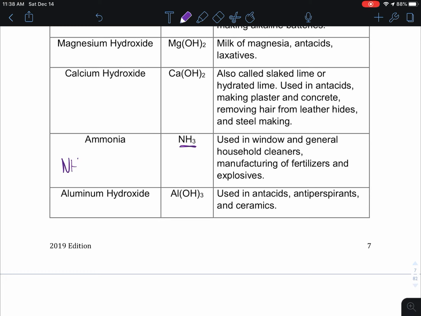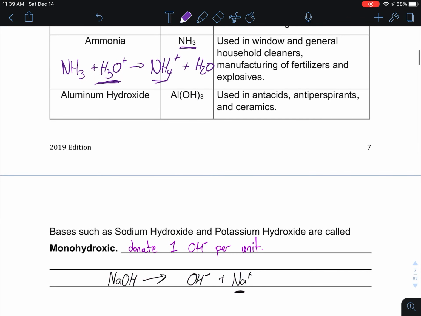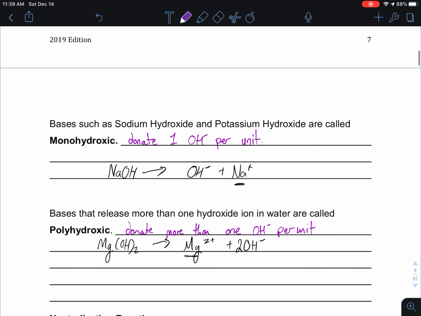So the ammonia reduces proton concentration because when it reacts with an acid, you'll get the production of NH4, which is an acid, and water. And so we can see that the amount of proton has gone down because it is now part of the ammonia, forming ammonium.